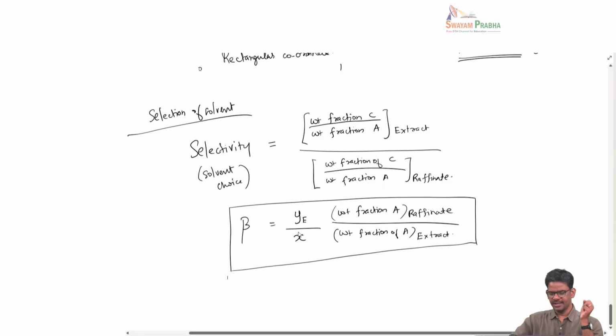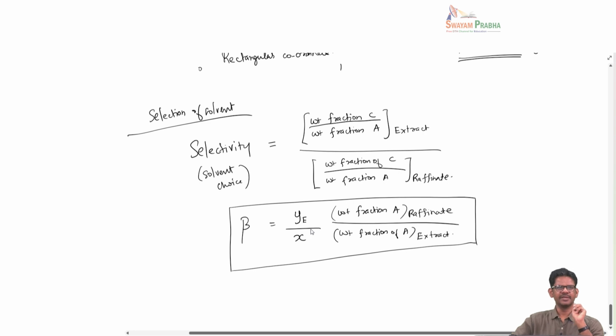You can see that this definition also depends on the composition in question. What is the value of X and Y at that particular operating point? That means we are not talking about a single value of beta, but a range of values of beta. The way you can calculate this is by looking at the feed composition, the raffinate composition you need, and the extract composition you need. Over that range of composition, you should find the beta value.